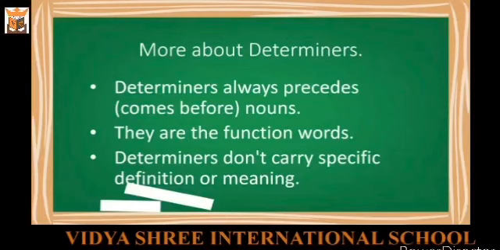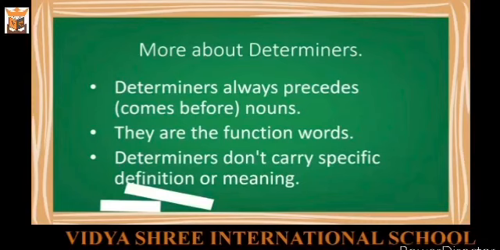In English grammar, a function word is a word that expresses a grammatical or structural relationship. So, determiners act as function words that express the structural relationship with the noun. Determiners don't carry any specific definition or meaning.